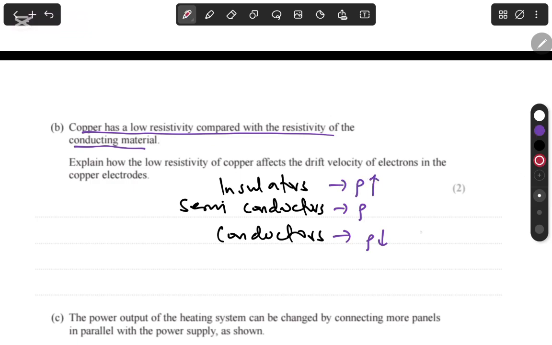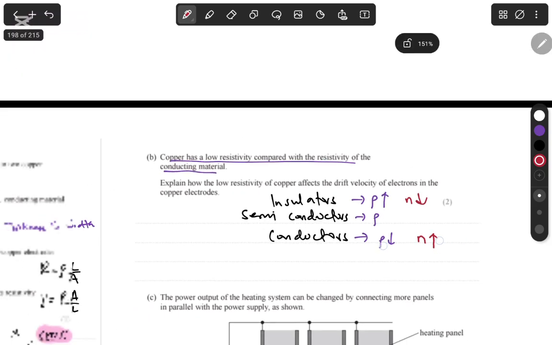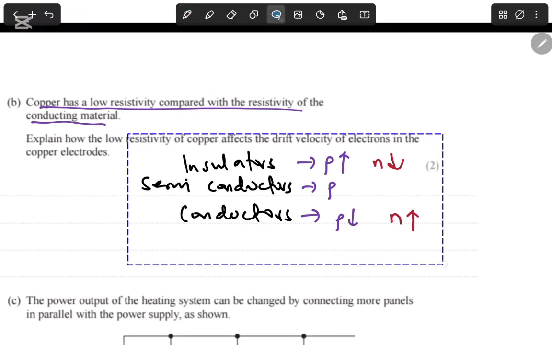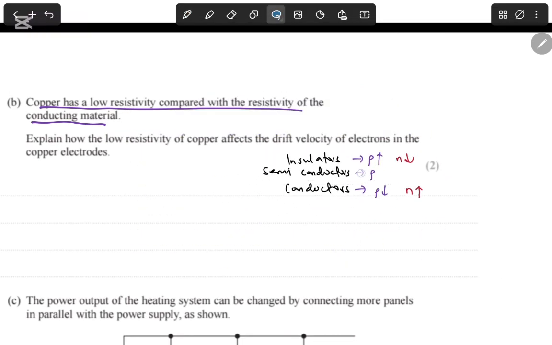And the reason for all of these is because the concentration of charges, or the value of n here, the charge density, the number of charge carriers, is going to be the highest in conductors and the lowest in insulators. Alright, so we can connect that to this.